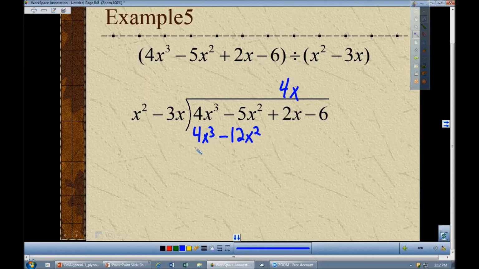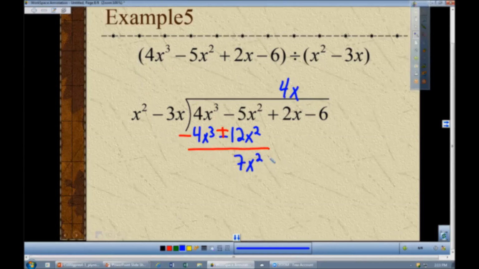Now I'm going to draw my line, change the signs. Draw the line, change this to a negative, change that to a positive. If I add up 4x cubed minus 4x cubed, that's 0. A negative 5x squared and a positive 12x squared is positive 7x squared.